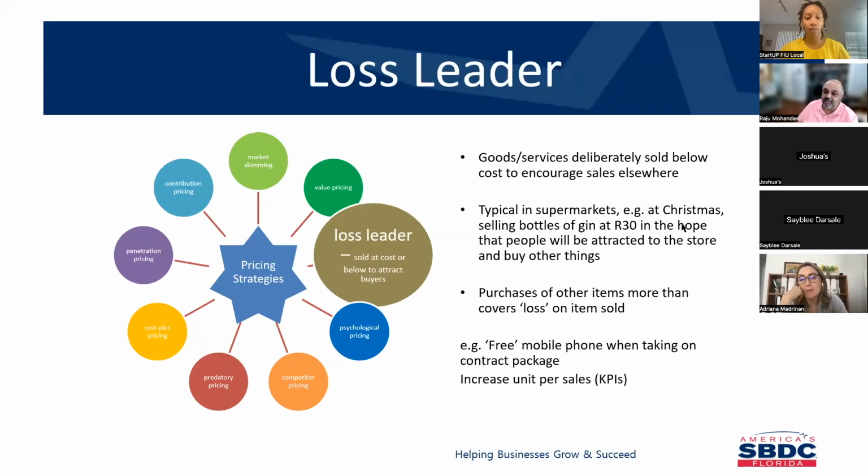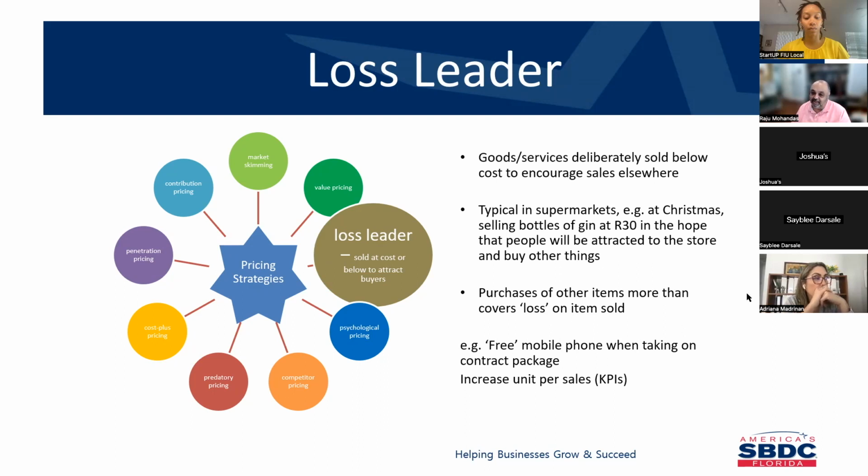Loss leader. Sometimes we have to sell something so we can package it with other products. So sometimes we will give a product where you have to take this with that. So we combine them. That's why you come out with packages. You come out with bundles, if you want to call it. You do this with that, okay?